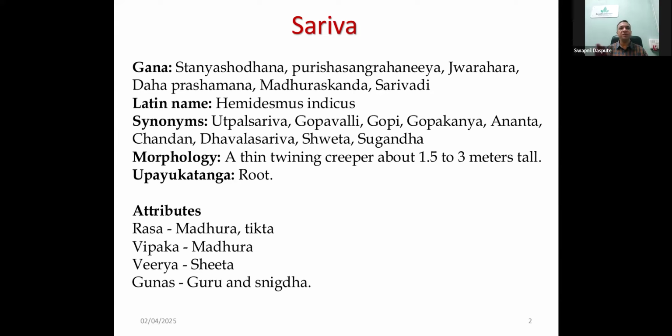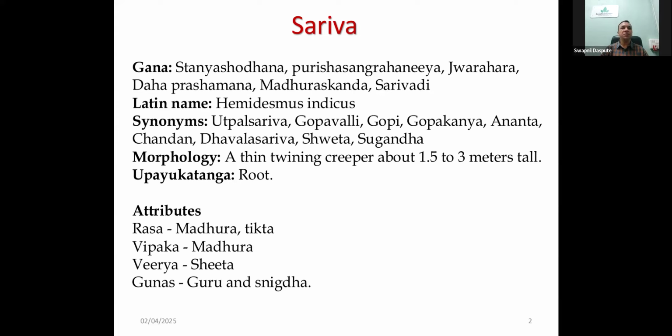So you may find Hemidesmus indicus, you may find other variants of Sariva also mentioned in classical textbooks as well as which have been identified later in the similar species. So they would belong to the similar family. Apart from Latin name, there is a family also according to the botanical categorization which has been done of the herbs. So Hemidesmus indicus is the Latin name for Sariva, which is usually used in medicine.